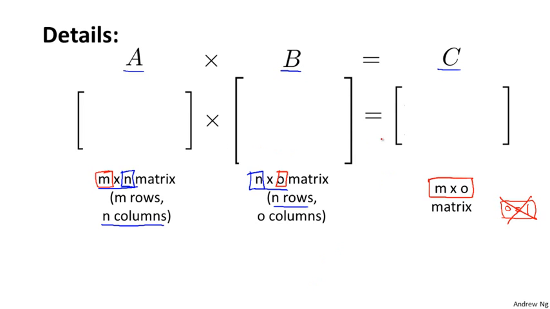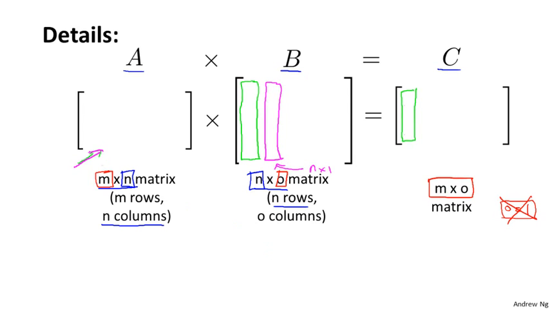So here's how you multiply together the two matrices. I'm going to take the first column of B, treat that as a vector, and multiply the matrix A with the first column of B. The result will be an m by 1 vector, and I'm going to put that over here. Then I'm going to take the second column of B, which is another n by 1 vector, an n-dimensional vector.